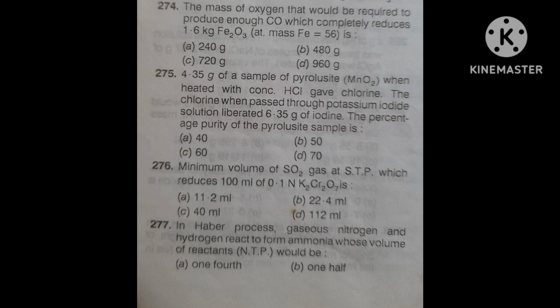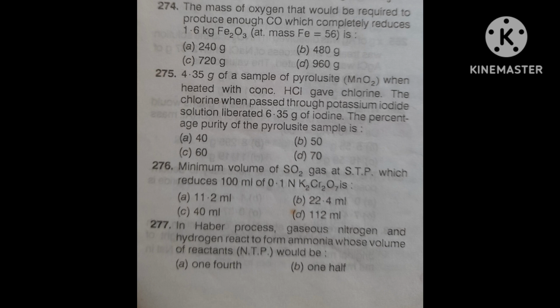You have to calculate the mass of oxygen that would be required to produce enough carbon monoxide which completely reduces 1.6 kg Fe2O3. Think. Question is a little difficult, but you can solve it. Just think.